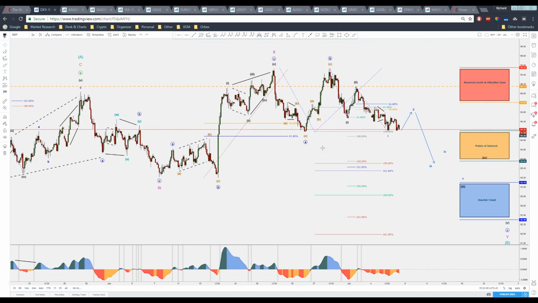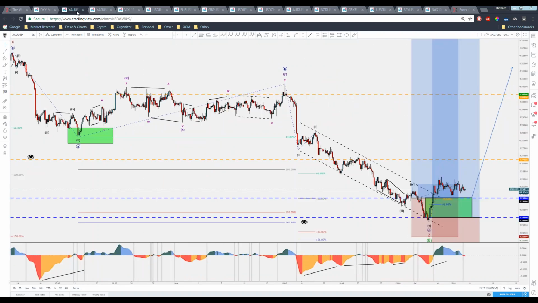But so far, as I said, short term, this could still have chances to go down. Okay, so let me put this here, and we shall continue with the others. Now, XAU USD gold, right?